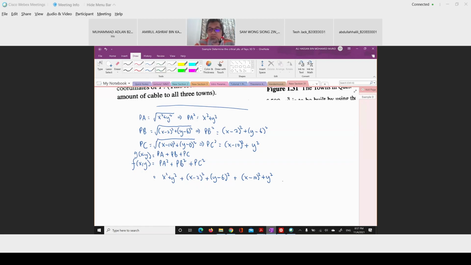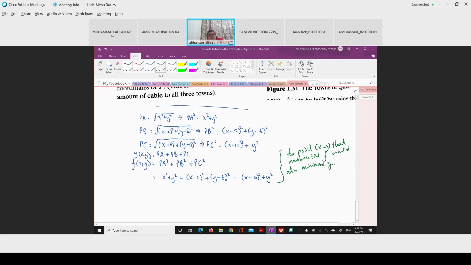The point (x, y) that minimizes f would also minimize the function g.